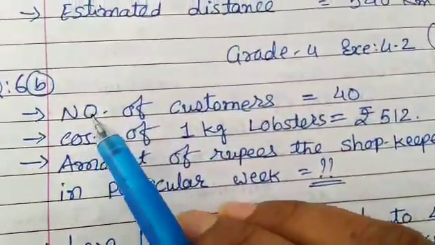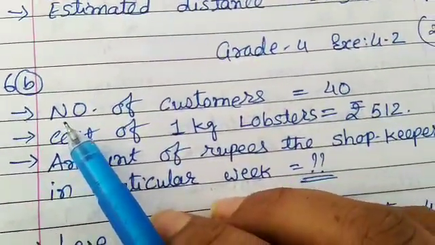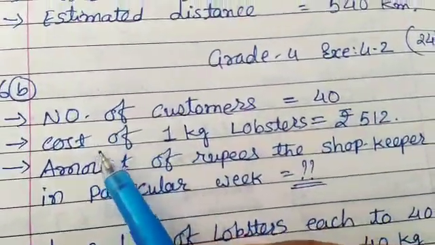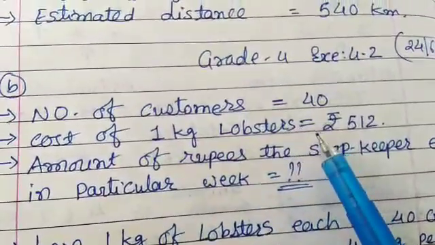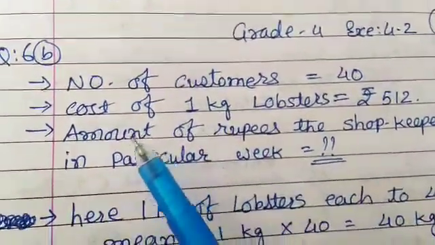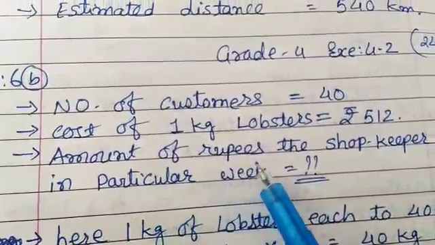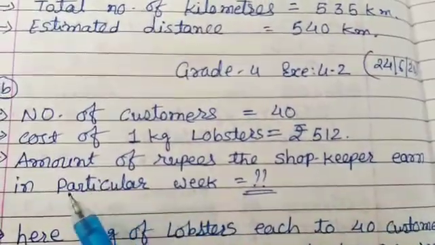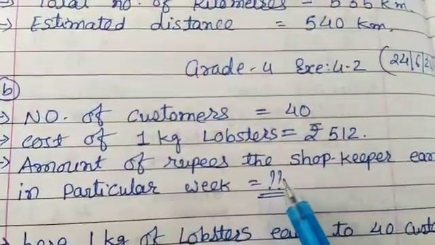So we will frame the statements like: number of customers is equal to 40. Cost of 1 kg lobster is equal to rupees 512. Now what is to be found? The number of rupees the shopkeeper earns in a particular week is equal to question mark.